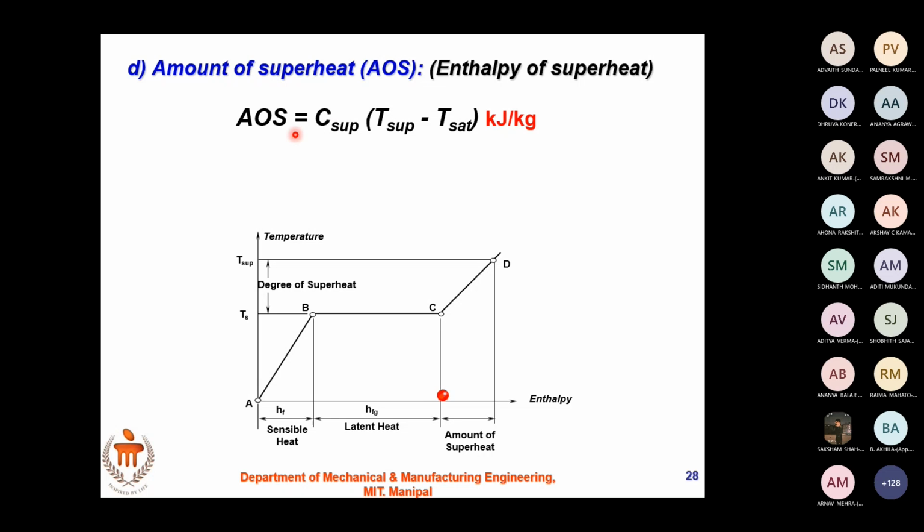Again, heat added is m Cp delta T. If you are using 1 kg, it will become per kg, so m is not there here. So C of the superheated steam multiplied by the temperature difference. T super minus T saturation gives me the temperature difference. This is amount of superheat, or enthalpy of superheat.